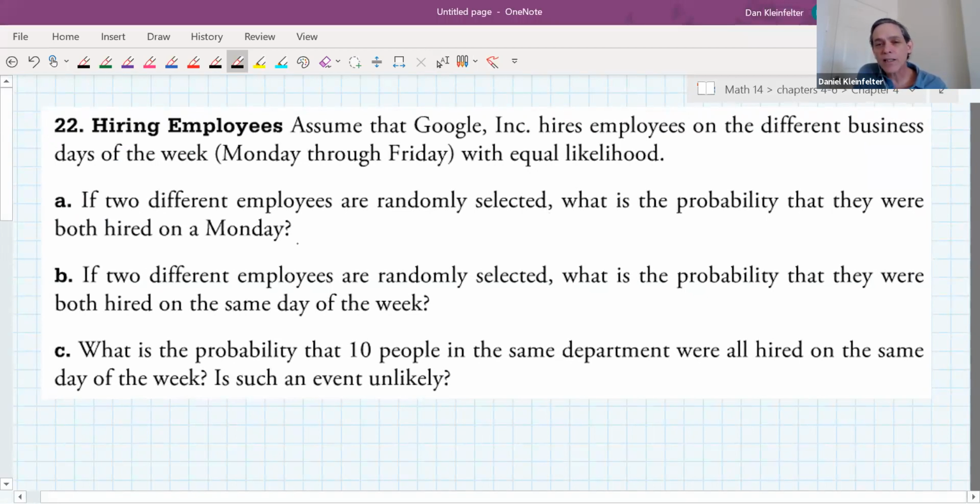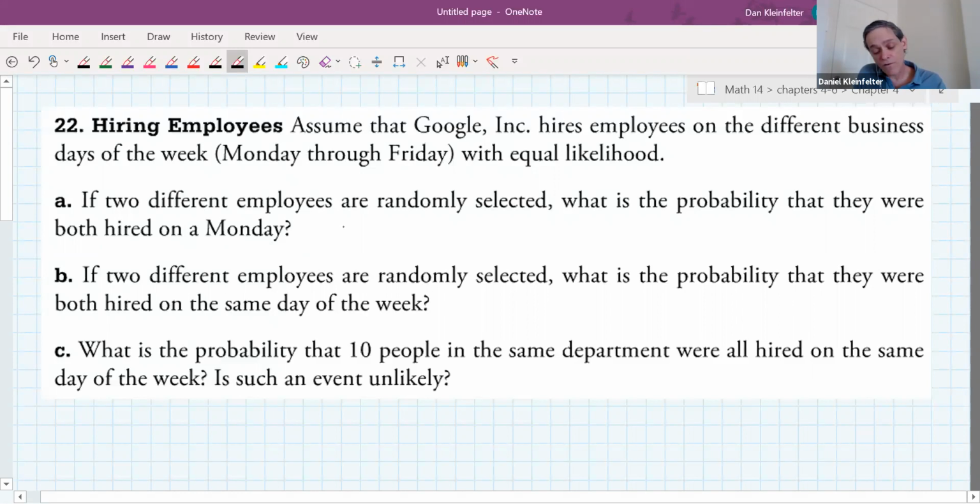So there's nothing in the story here that would indicate anything about how the first person being hired on a Monday or maybe not influences the hiring of the second person. So it's reasonable to conclude that those are independent events. So since they're independent events, we can just multiply their probabilities because we're saying both here means the first one and the second one. It's and we're going to multiply.